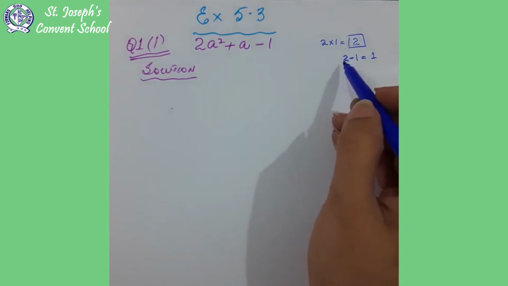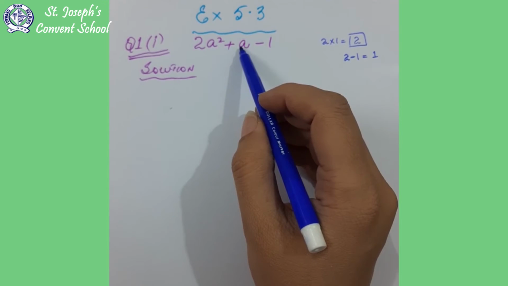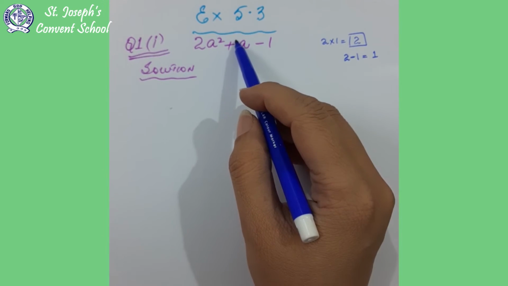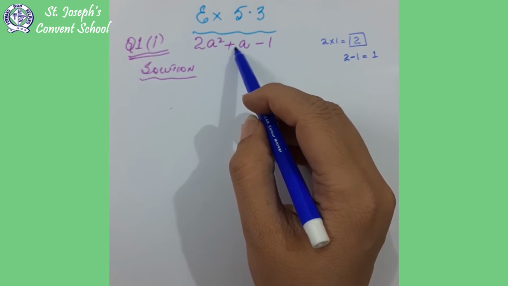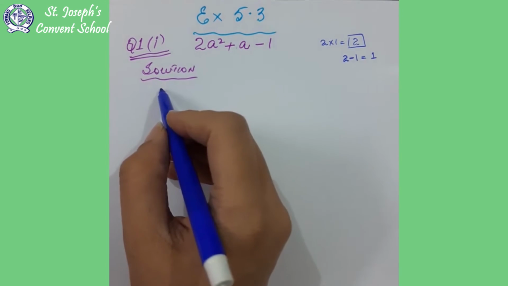So two factors are 2 and 1. Middle term, you can see only a is written, so it is understood that coefficient is 1. So required middle term is 1. We will break this middle term 1 and we will write 2 minus 1.